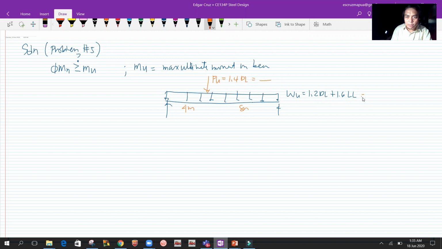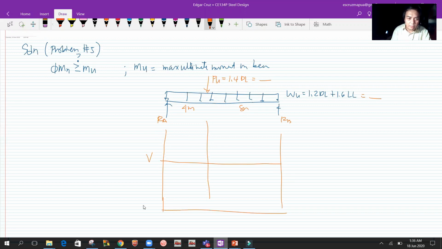So makukuha mo yung PU dyan. Dito makukuha mo yung WU. Okay, pag alam mo na yung PU tsaka WU, kaya mo ma-solve yung reaction sa A, kaya mo ma-solve yung reaction sa B. Okay, so statics lang. So from there, identify mo yung maximum shear. Kasi from the shear diagram, you could identify the maximum moment.